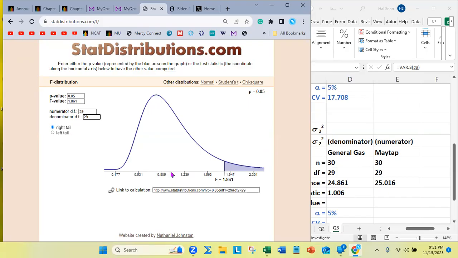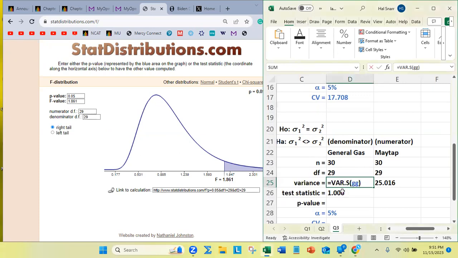And if there's no difference in the sample variances, we're going to be right here in the middle of this distribution, right? Now, because we're putting the bigger sample variance in the numerator and the small in the denominator, this will never be less than 1. We're never going to be down here.